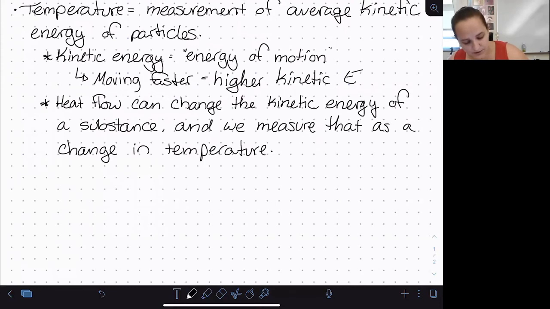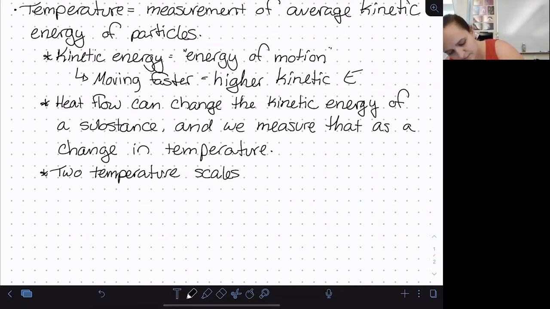You're probably more used to Celsius, but they're both important. And in thermodynamics, Kelvin becomes much more important and much more commonly used. So we have two different temperature scales that we use in science.